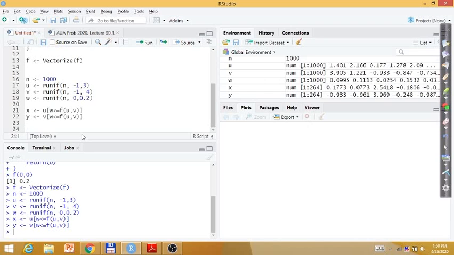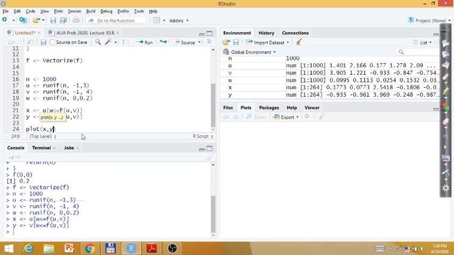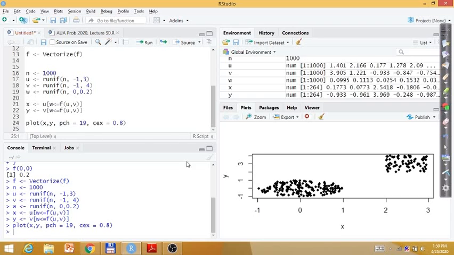And now I am drawing those points, plot x and y. Point character, I will do that with 19, and the size of the character a little bit smaller than ordinary size. So I'm running this. Yeah, I have this kind of thing. I need to keep the aspect ratio, so I can add asp is 1, so the aspect ratio is 1.